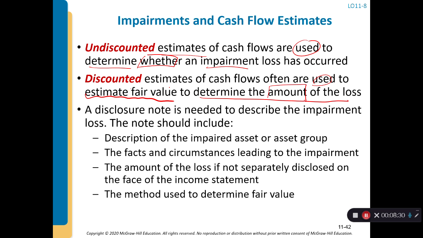Hence the disclosure notes need to describe the impairment loss. The notes need to include the description of the impaired asset and asset group, the facts and circumstances leading to the impairment, the amount of the loss if not separately disclosed on the face of the income statement, and the method used to determine the fair value.